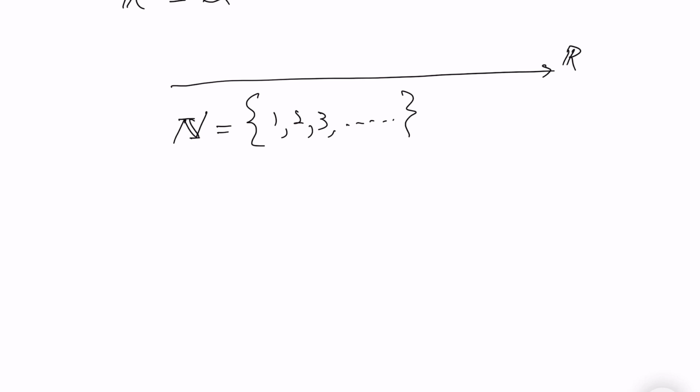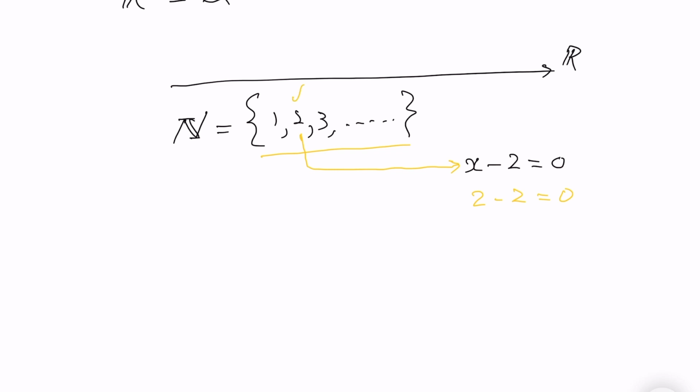Now the question is, if I have an algebraic equation like x minus 2 is equal to 0, how can I solve it? Well, that's the only collection I have, and among this collection there is a number 2 which I plug in here and it will satisfy this equation. 2 minus 2 is equal to 0, so 2 is working.